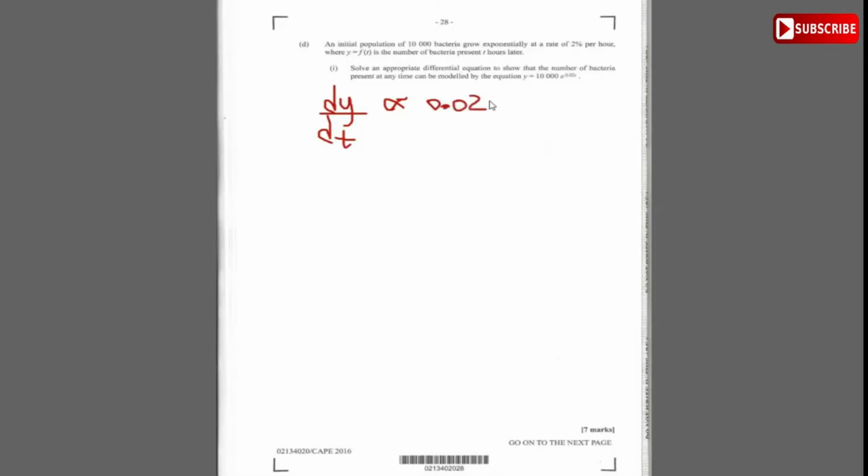All right, so that's dy by dt. What else do we know? We also know that initially it is 10,000, so when t equals 0, y is 10,000. Just writing down all the information.